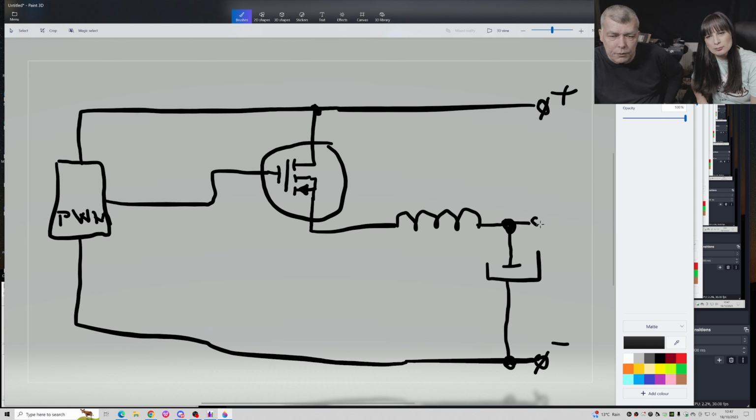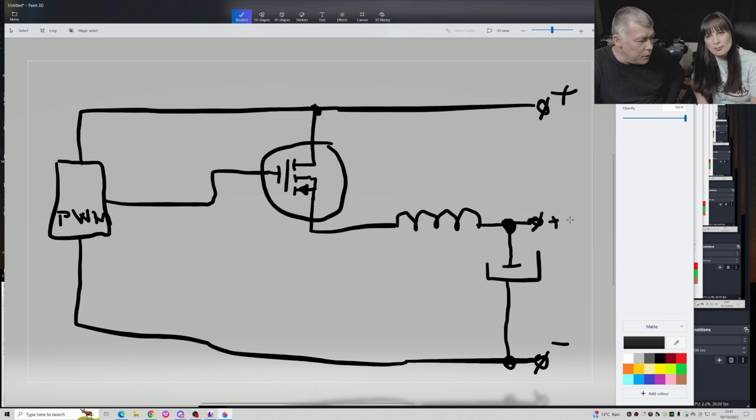Of course, this is the output, so I have output plus. So will this circuit work? With the PWM, with the duty cycle, you adjust the current flow through this transistor, right? Then you have a coil which is 0 ohms, then you have a capacitor to ground.